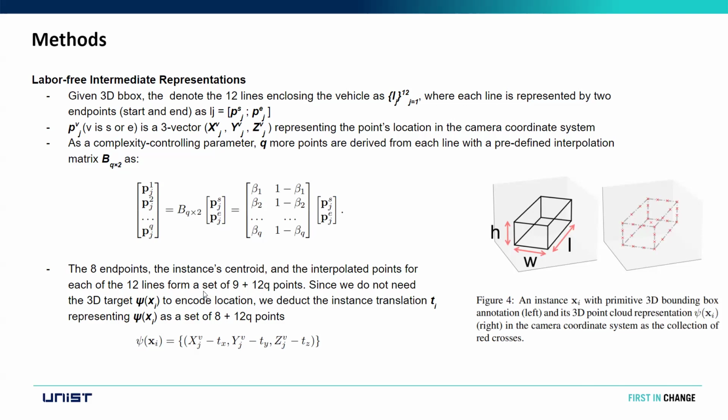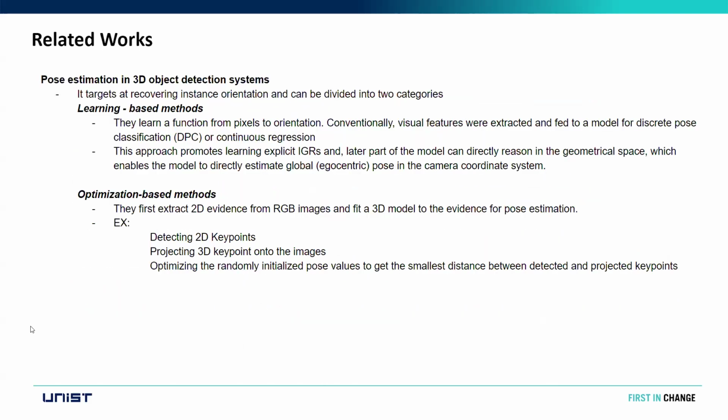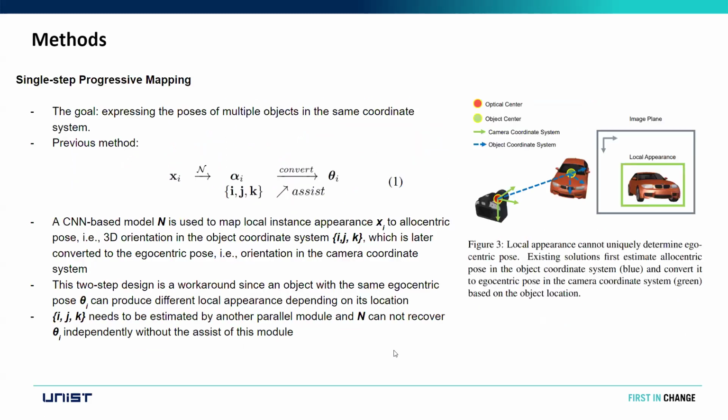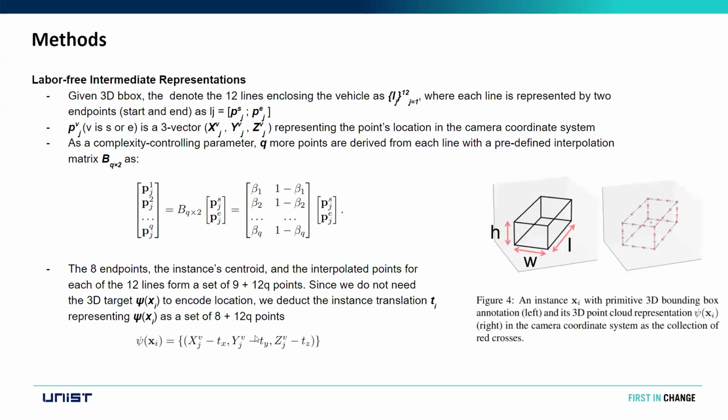We only predict the orientation of the object in the EgoNet phase, and the translation is done in the upper part. Since we don't need the translation, we don't need the centroid, so we just remove the centroid. Now we have 8 plus 12Q points for our IGR.